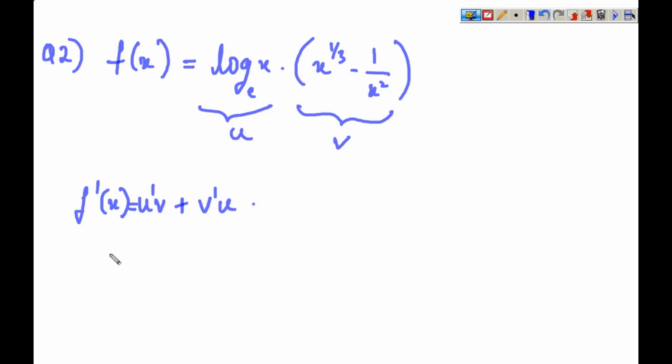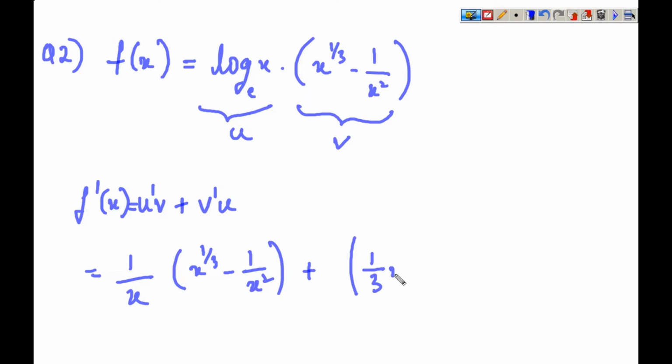So starting to differentiate, first the u part. The derivative of log x will be 1 by x, then keeping the v part as it is, x to the power 1 by 3 minus 1 by x square, then adding v dash, that is 1 by 3 x to the power 1 by 3 minus 1, that is minus 2 by 3, and then minus 2 of x to the power minus 3, and then multiplying it with log of x.